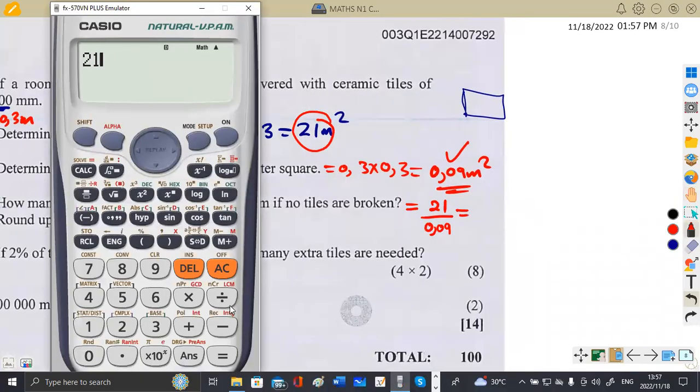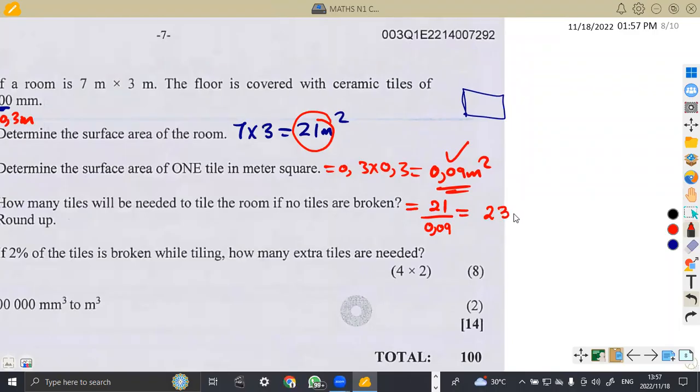So we can actually round off the answer. 21 divided by the answer that we got before is going to be 233.33, something like that. Okay, so we need 233, but nothing is supposed to be broken.